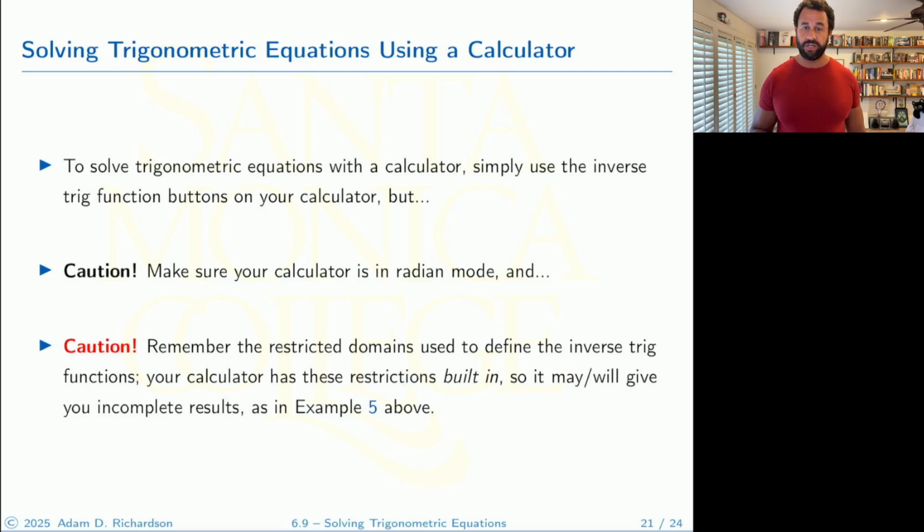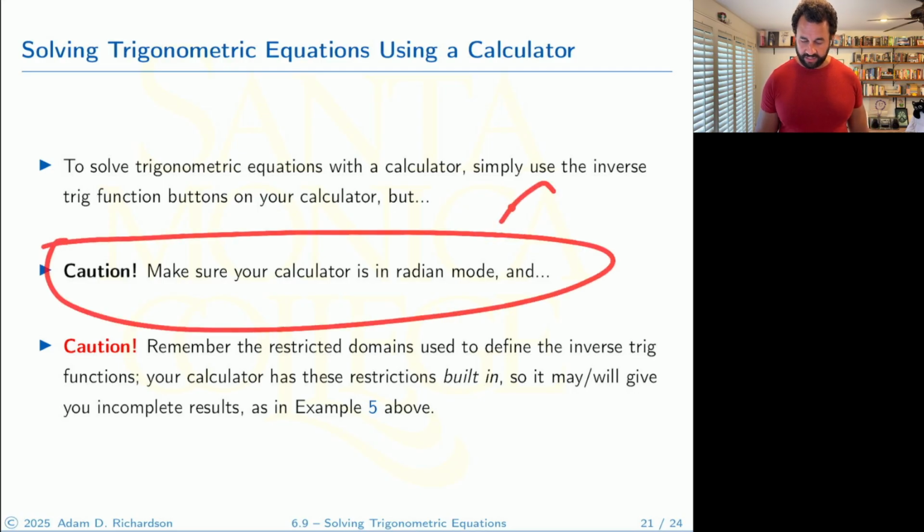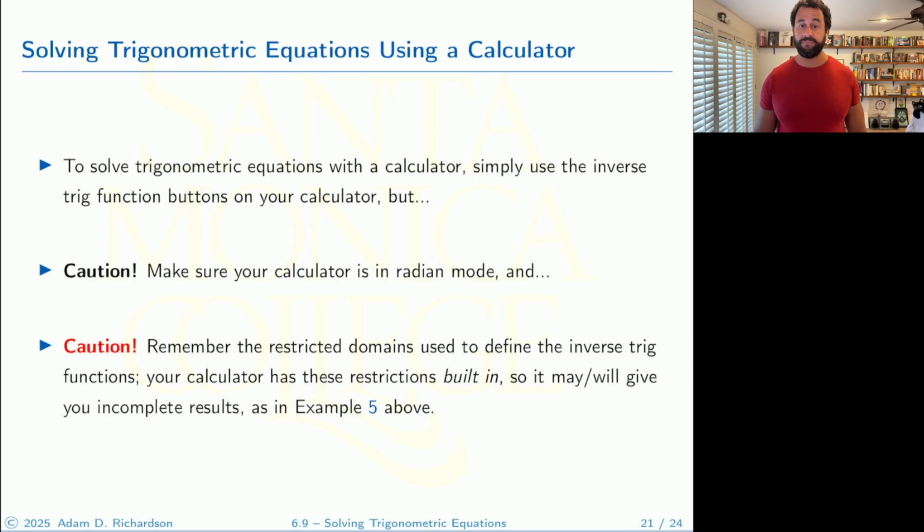However, a couple of cautionary notes. One of them is make sure your calculator is in radian mode. All right. Make sure it's in radian mode so it doesn't give you the wrong answers. And then this one, which I talked about a minute ago, remember the restricted domain used to even define those inverse trig functions. Your calculator has those restrictions built in, okay?